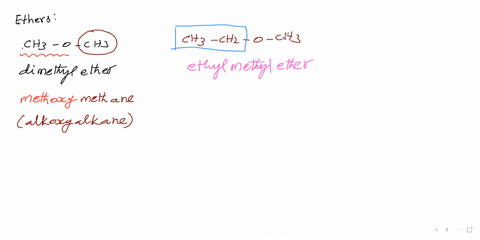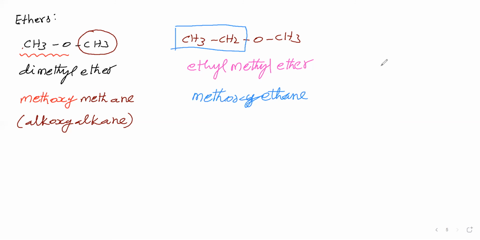Therefore, the other part comes under alkoxy. Here one carbon is there, therefore methoxy. Here two carbons are present, therefore ethane. So the name of this compound is methoxyethane.